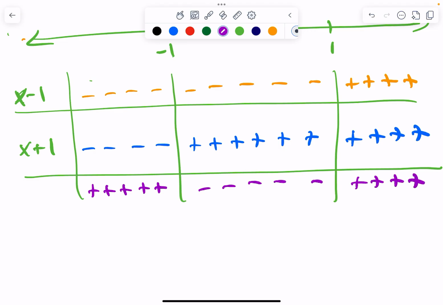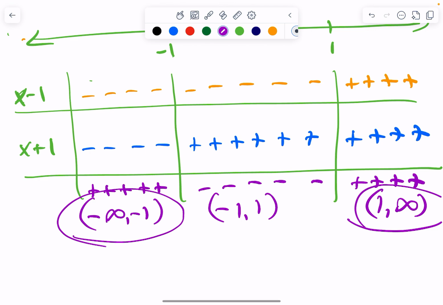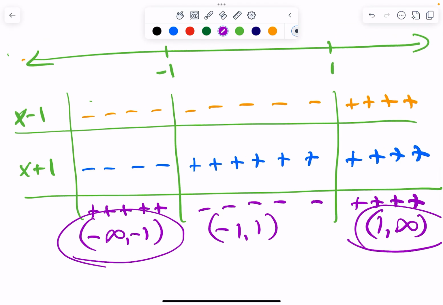So now this is negative infinity to negative 1. This is negative 1 to 1. And this is 1 to infinity. So our positive intervals would be negative infinity to negative 1 and 1 to infinity. Again, if we plug in, for example, negative 2, then x minus 1 becomes a negative, x plus 1 is a negative as well.